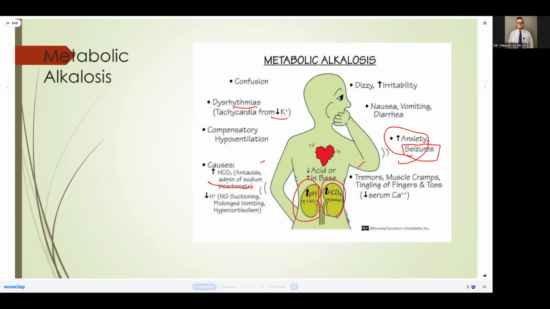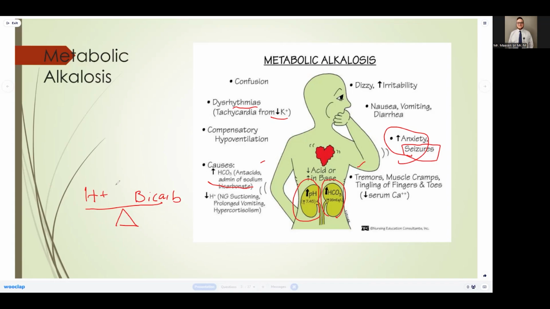So you have to look at this kind of like a teeter-totter a bit, where you think of hydrogen and bicarb wanting to have this specific relationship, right? They want to stay in balance. Now, there's usually more hydrogen than bicarb, the number's higher, but basically they're in balance. The only time I've really ever seen metabolic alkalosis in my practice was a woman that was overusing Tums to treat her GERD like crazy, and she actually put herself into a metabolic alkalosis state.